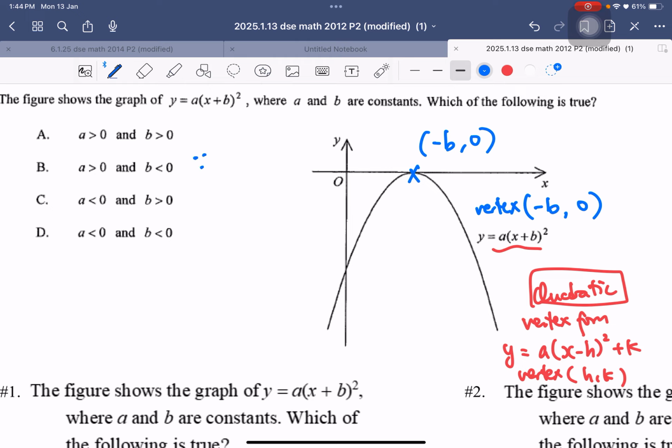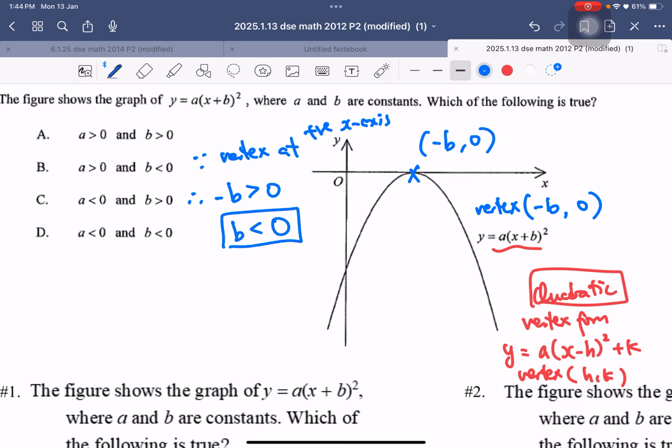So because the vertex is at the positive x-axis, negative b must be greater than 0. But we have a negative sign here. How we move it to here, you just change the sign. So b must be smaller than 0.